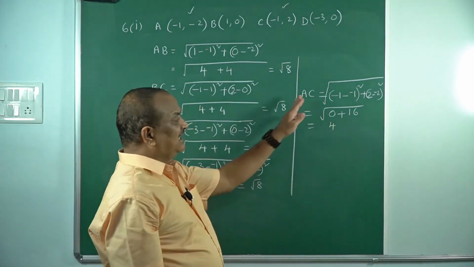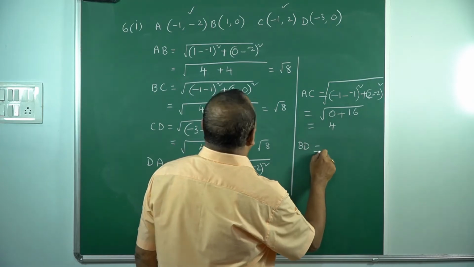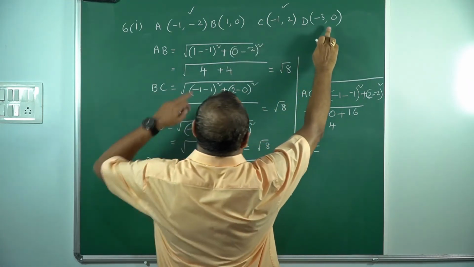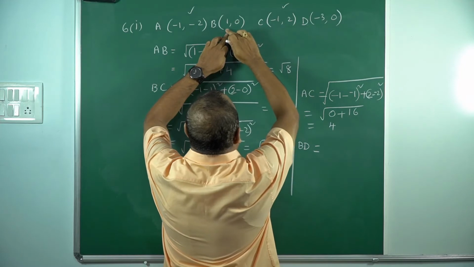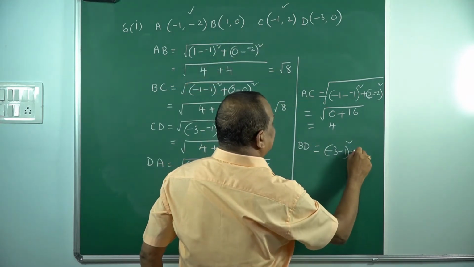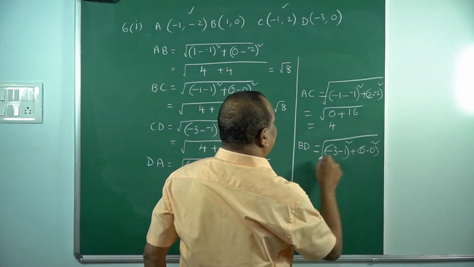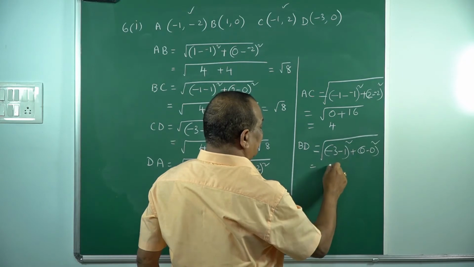So this is my diagonal, and I try to find out another diagonal BD. So this and this I must take, minus 3 minus 1 whole square and 0 minus 0 whole squared, and the answer is again 4. This is minus 4 squared and square root 4.